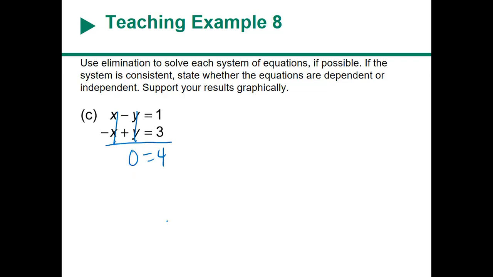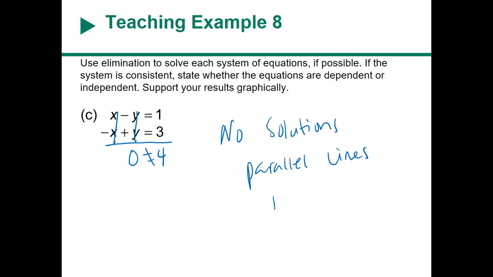Is that a true statement? No, 0 cannot equal 4. So what this tells us is that there are no solutions. That's because this is an inconsistent system, which means that these are parallel lines. So we have an inconsistent system.